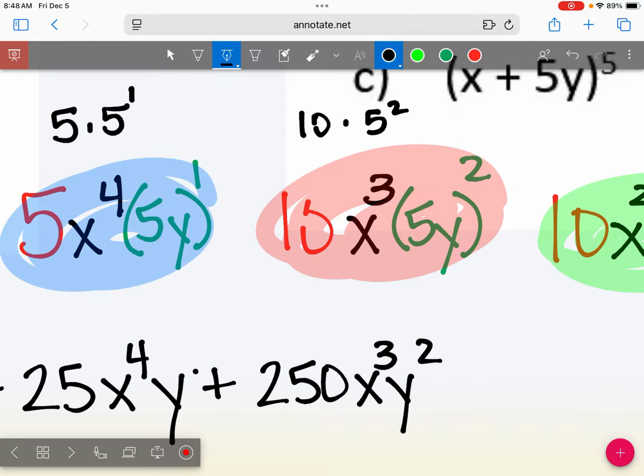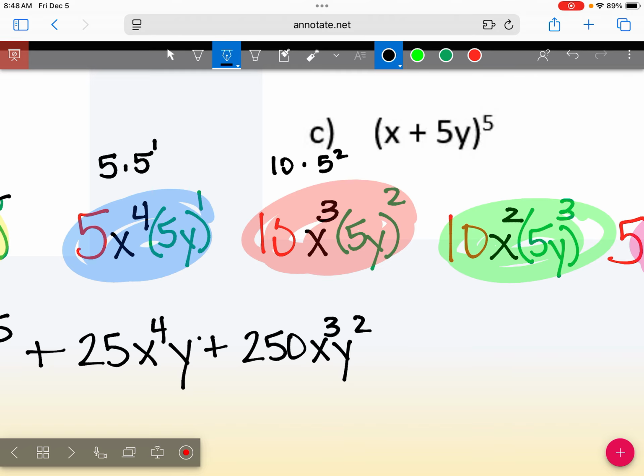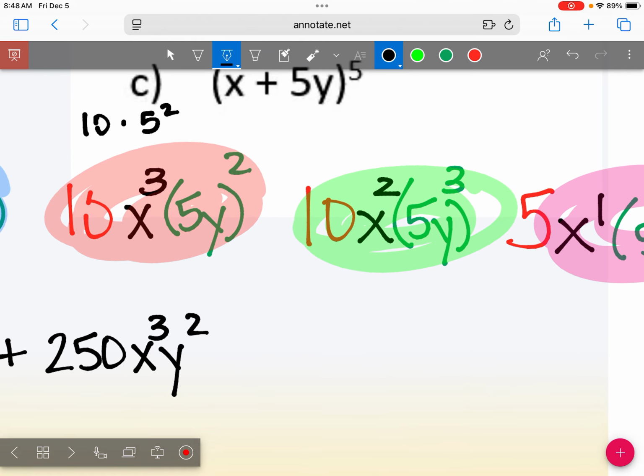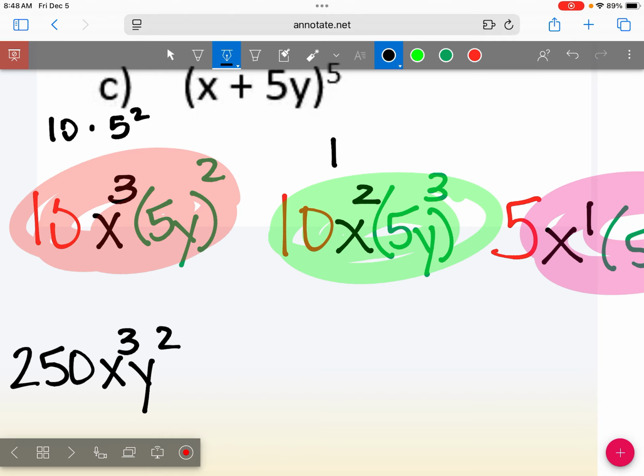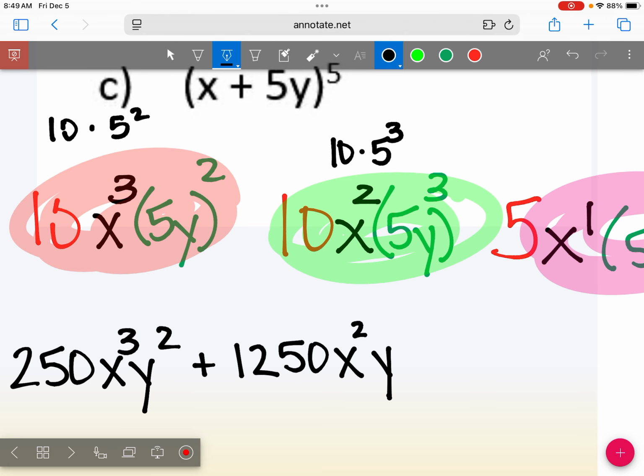Remember, every term, the power should add to 5. For here, I have a 10, and that's times 5 to the power of 3, which is 1250. X squared, y cubed.